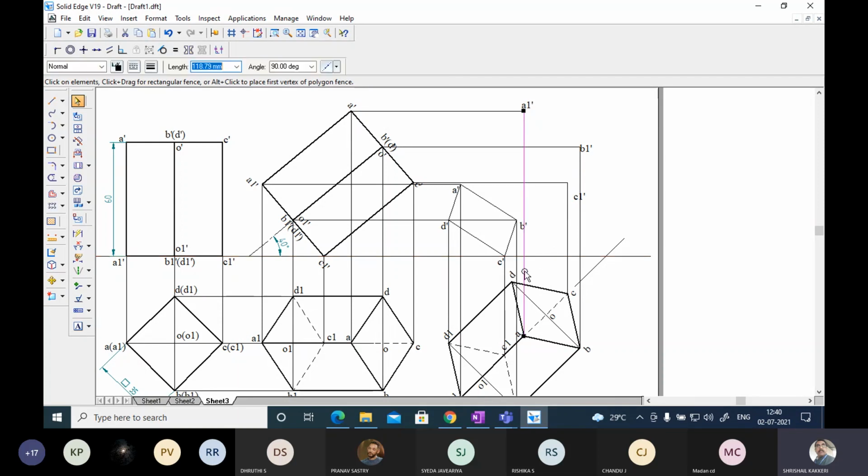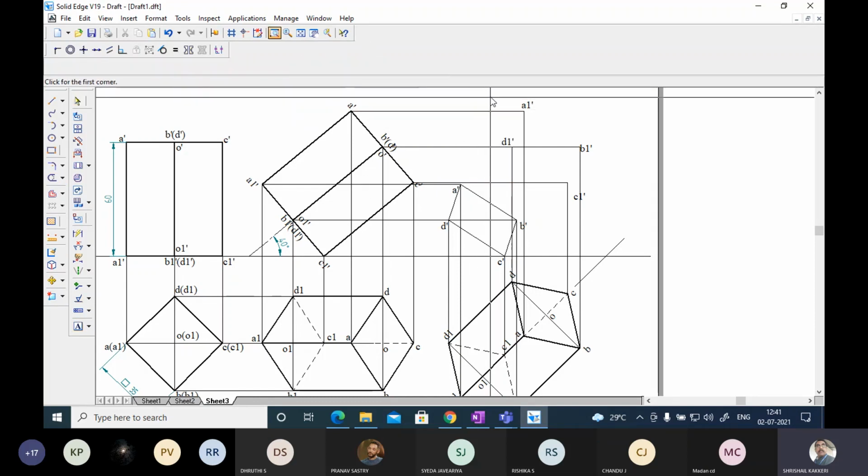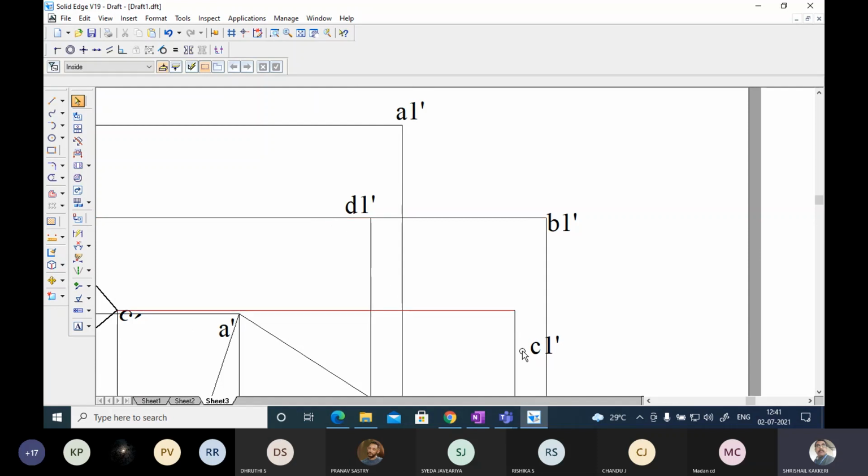And again from D. It is on the same line as A and B, so I can write it as D dash. So like this, I have completed this also.